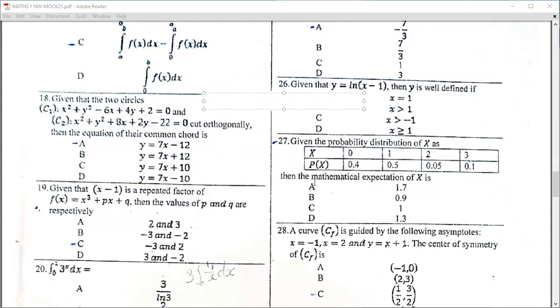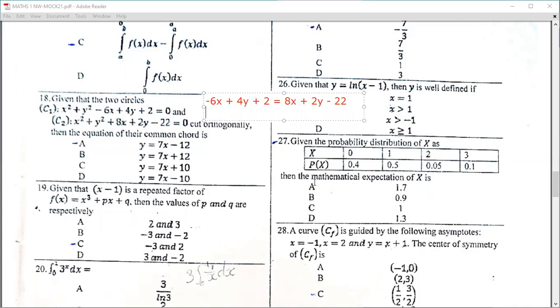So if we equate these two circles, we are going to have minus 6x plus 4y. The terms in x squared on both sides are going to cancel out. Plus 4y plus 2 should be equal to this other one, 8x plus 2y minus 22.